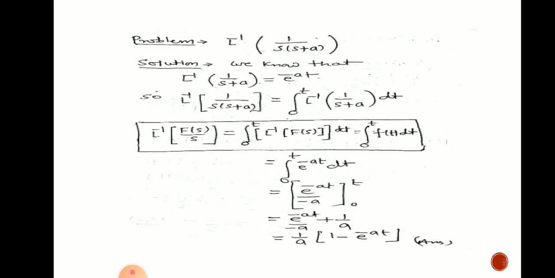Now the integration of e to the power minus at dt is equal to e to the power minus at upon minus a, where the limit varies from 0 to t. So this integration term is equal to minus e to the power minus at upon a plus 1 upon a.